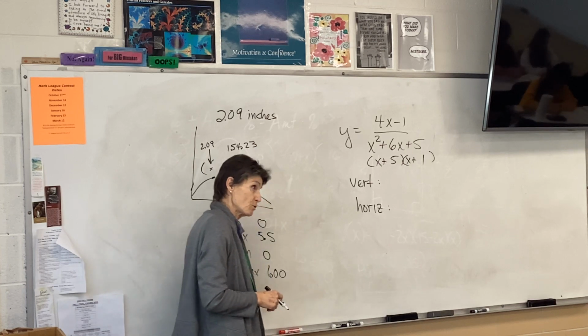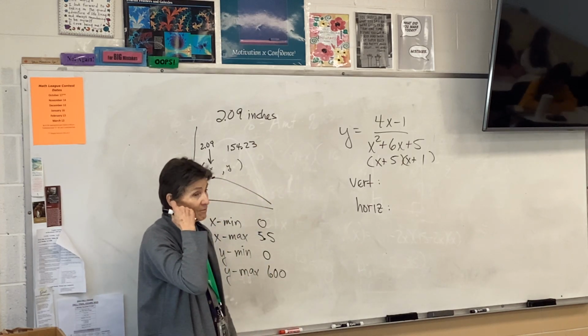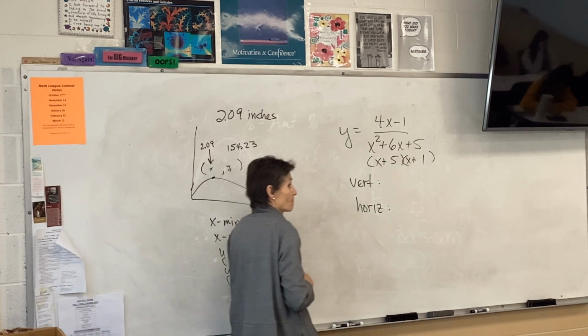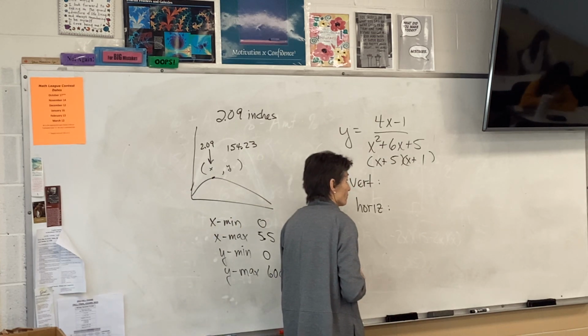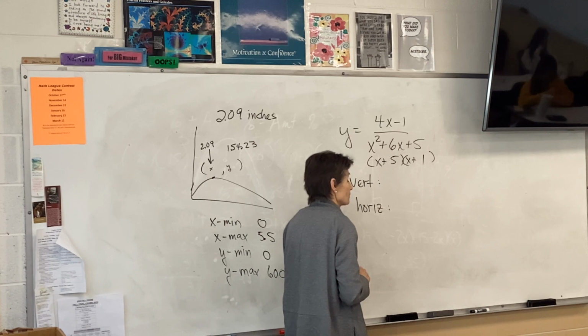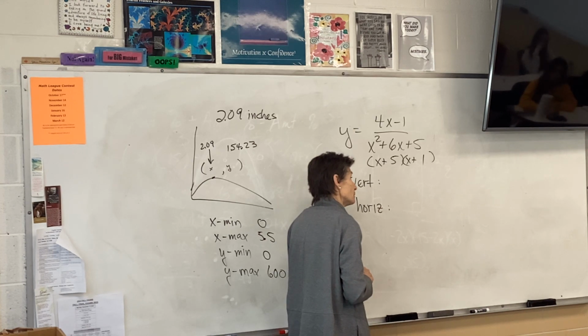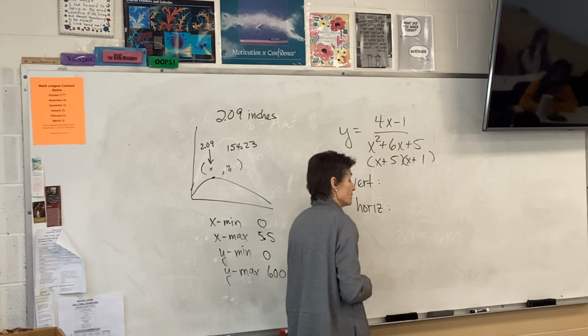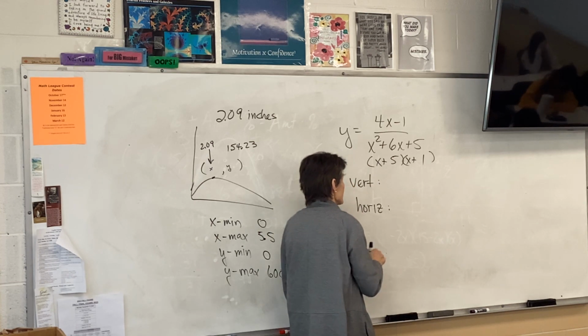So what does that tell me then? I factored, I should factor. Anytime I can factor, I should. And what does that tell me about asymptotes? This problem has 3 asymptotes. 2 verticals and 1 horizontal. Where are the verticals?